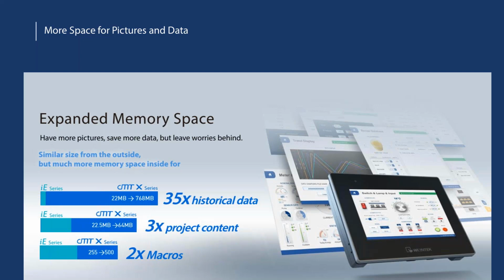For users who like to save a lot of history files in the HMI, or in certain applications where they cannot insert a USB disk into the HMI, now you can save more files in cMTX. And for users who want to put many pictures in their HMI project, there is more space for these pictures now in the cMTX series. So there is just a bigger memory space here.